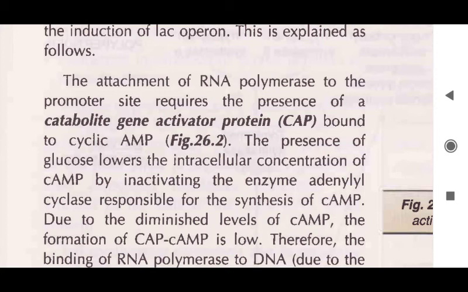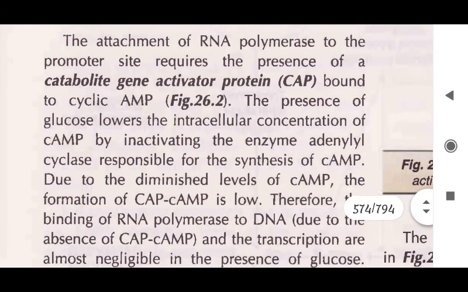This cyclic AMP is actually an unstable molecule. It does not remain for a long time. It is only there to convey the message. In that small duration of time, RNA polymerase can quickly grab onto the promoter and start the transcription process. The presence of glucose lowers the intracellular concentration of cyclic AMP.